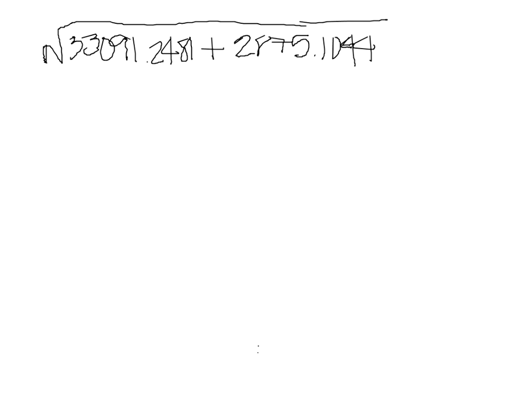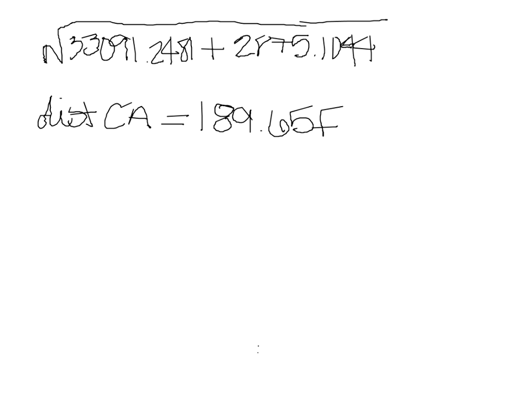So that's plus that, and then take the square root. So the distance from C to A is equal to 189.65 feet. Make sense?